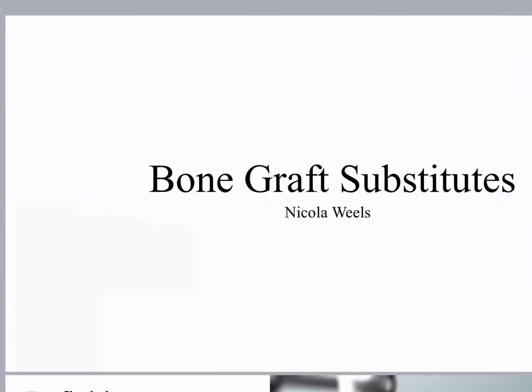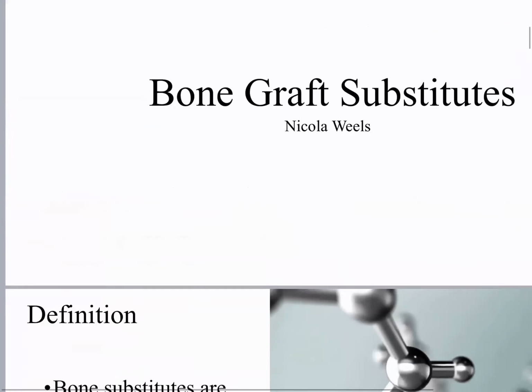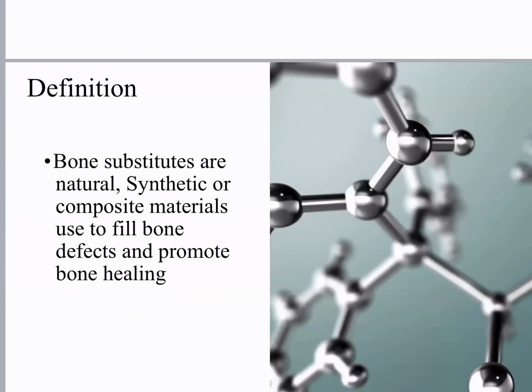I'll be talking about bone graft substitutes. I can start off with a definition. A bone substitute is a natural, synthetic or composite material that we use to fill bone defects, and its main function is to promote bone healing.